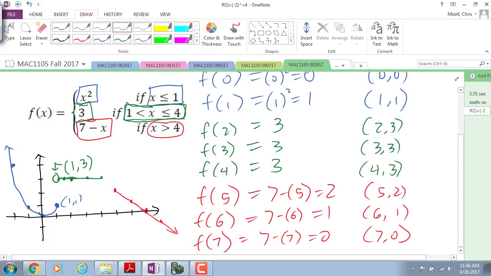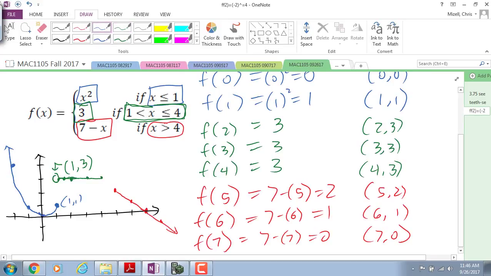Why can it not include the point 1, 3? Because it's not included between 1 and 4. If you evaluate the function at 1, you would ask, where's 1?